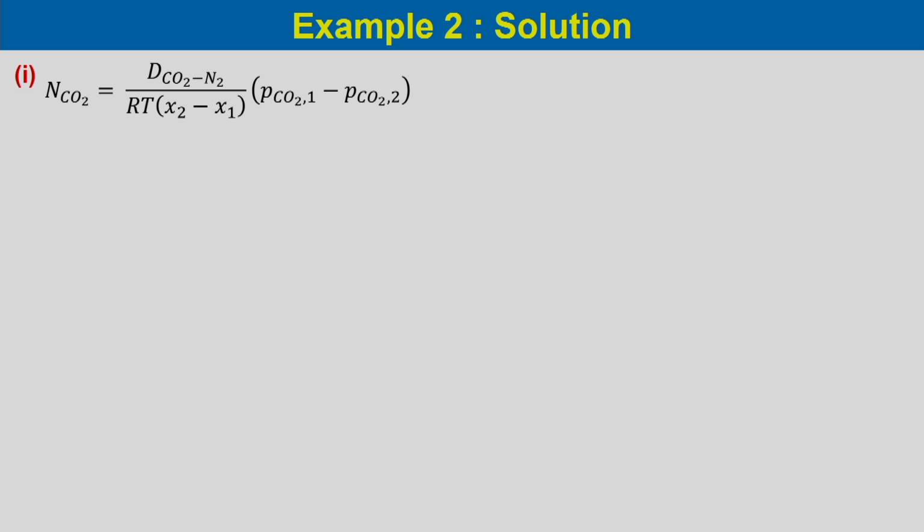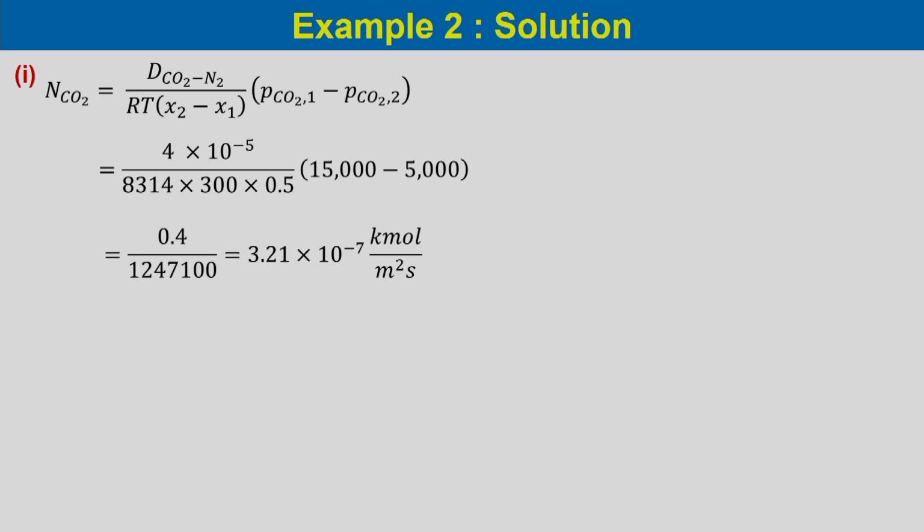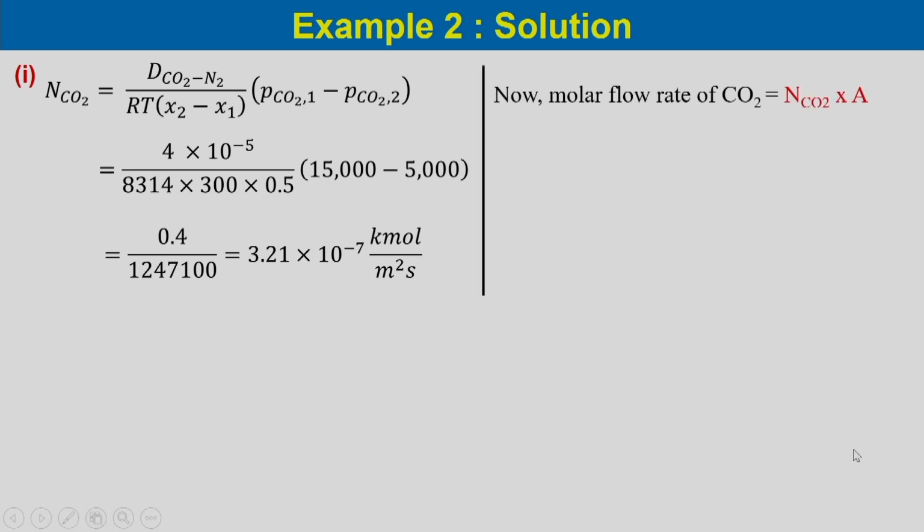So, N_CO2, if we substitute these parameters, we will get 4 into 10 to the power minus 5 divided by 8314 into 300 into 0.5 into the partial pressure difference 15,000 minus 5,000. So, it will lead to 3.21 into 10 to the power minus 7 kilomole per meter square second. Now, the molar flow rate of carbon dioxide is equal to N_CO2 into the area.